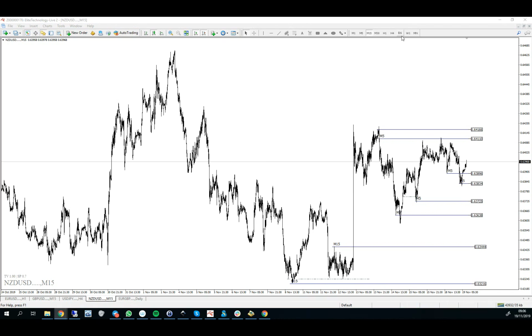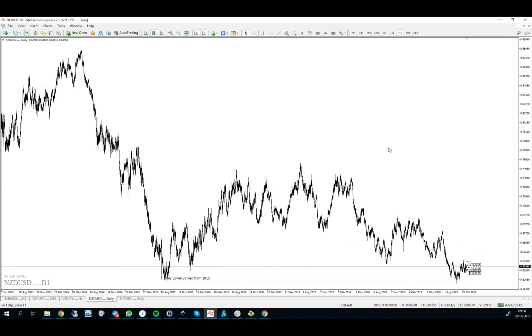So first, we always drill down from high time frame to low time frame. We can see that in the daily for the NZD, for the Kiwi, we are in a consolidation area for a very long time, starting maybe June 2015.